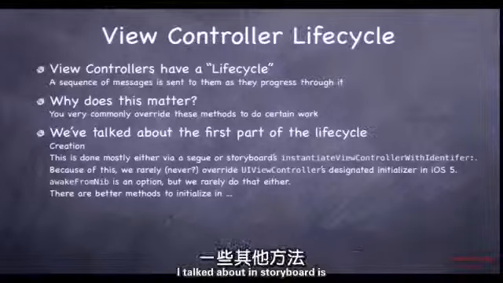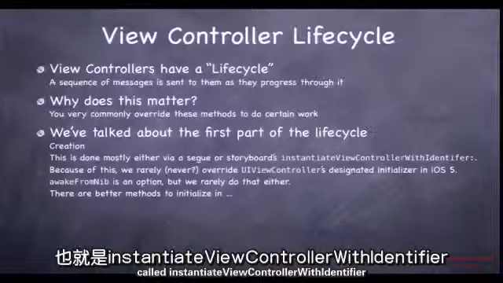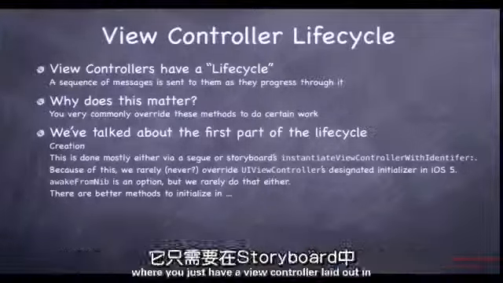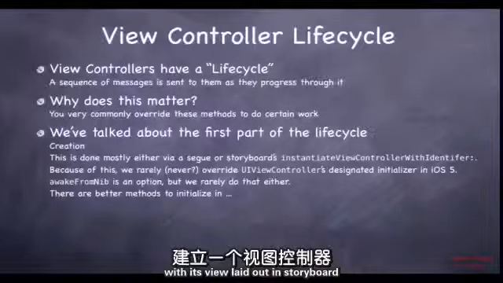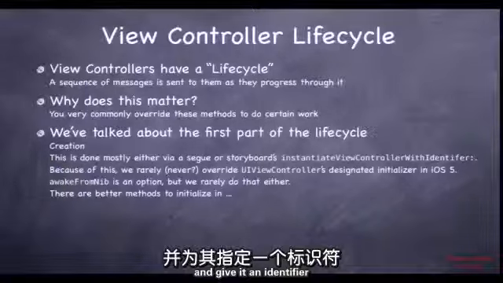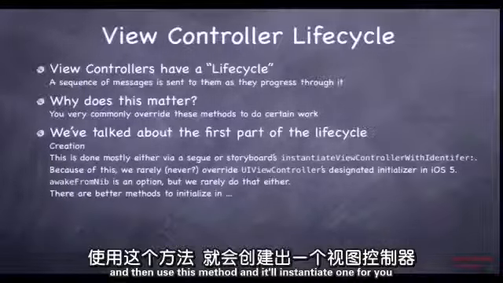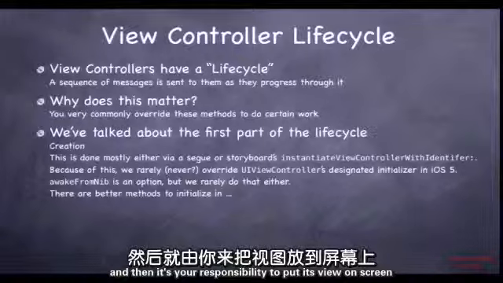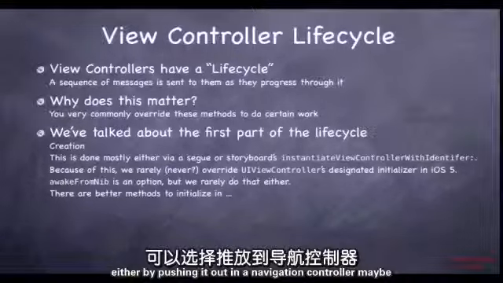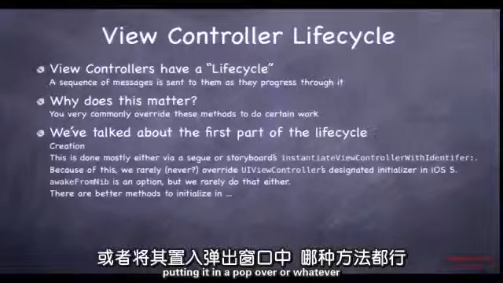Also, there's that method I talked to you about in Storyboard called instantiate view controller with identifier, where you just have a view controller with its view laid out in a storyboard, and you give it an identifier, and then you use this method, and it'll instantiate one for you. And then it's your responsibility to put its view on screen, either by pushing it in a navigation controller, maybe putting it in a popover or whatever.